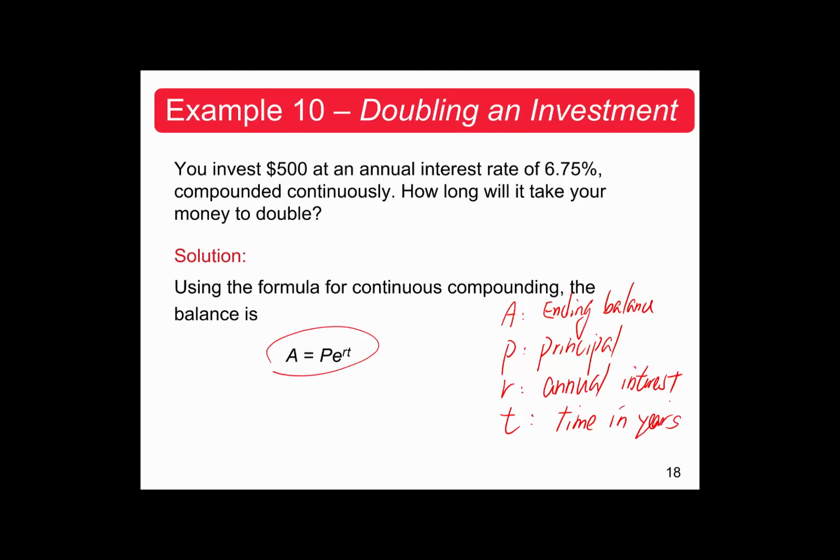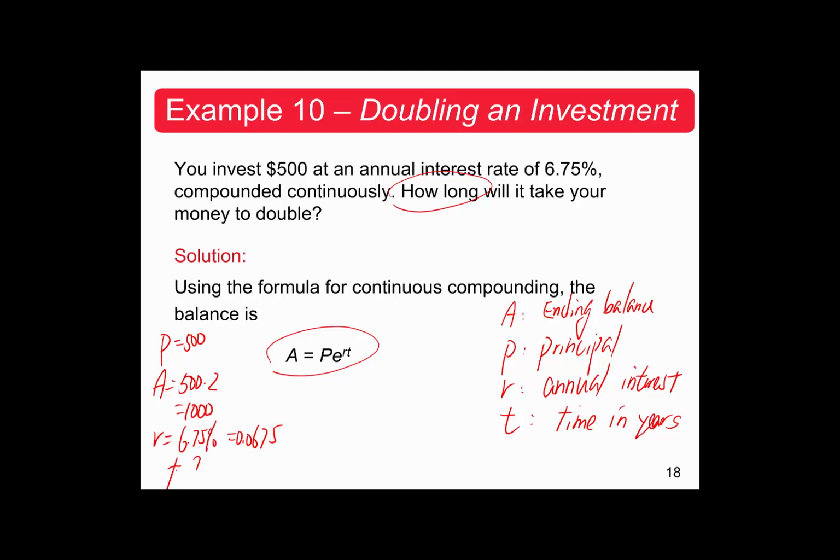So for this given equation, you want to figure out how long it takes to double the money. So if the principal is $500, you want to double that, the ending balance must be twice as much. So it's $1,000. And the annual interest rate is 6.75%, which is 0.0675. And time t, that's what we're looking for.